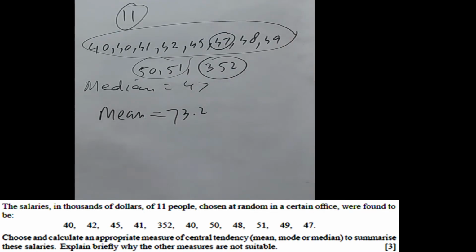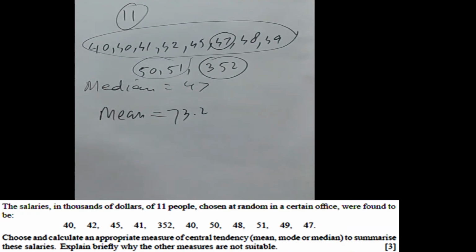So it is not better to use the mean to describe this data. The median is 47, and as I have told you, all the values are very close to 47 except only one value. So it almost describes the whole data. Therefore the answer is median.